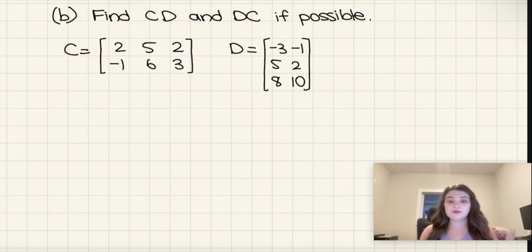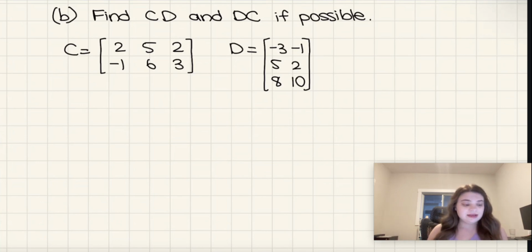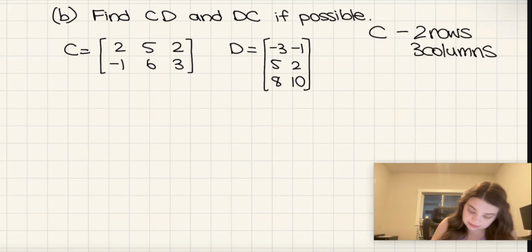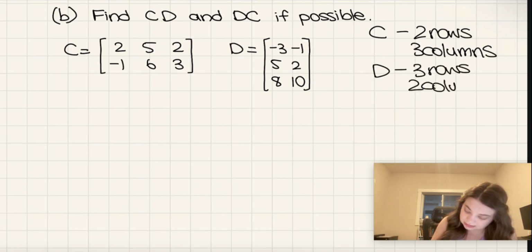So first of all, are both of these possible? Well, in order to multiply any two matrices, the number of columns in the first matrix needs to be equal to the number of rows in the second matrix. For these ones, C has 2 rows and 3 columns, and D has 3 rows and 2 columns.